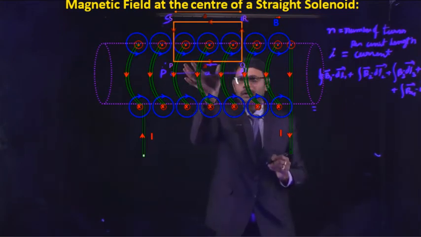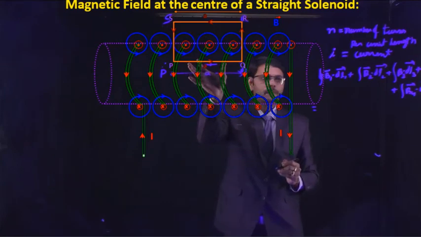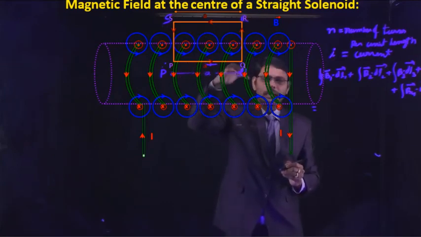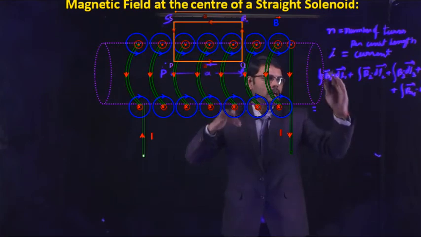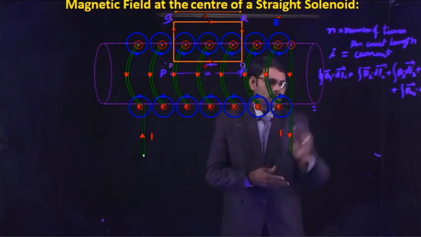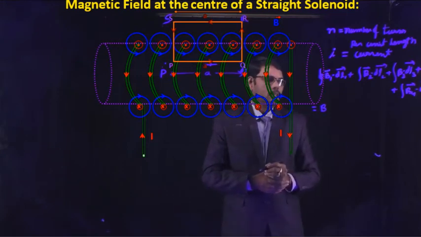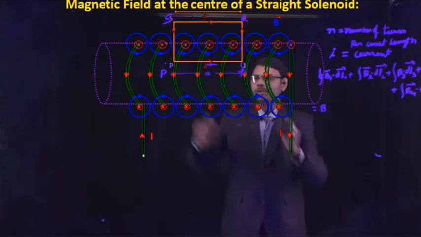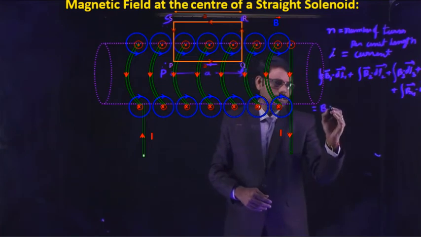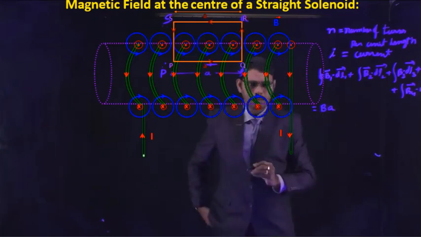Here the magnetic field along the axis is B and the angle between B and the length is 0 degrees, so cos 0 is 1. Therefore, B times the integral of dl, which is the length of PQ, that is a. So, B into a, Ba.